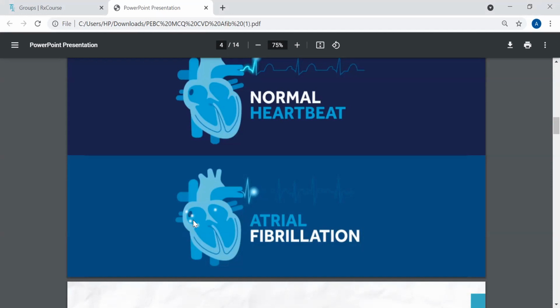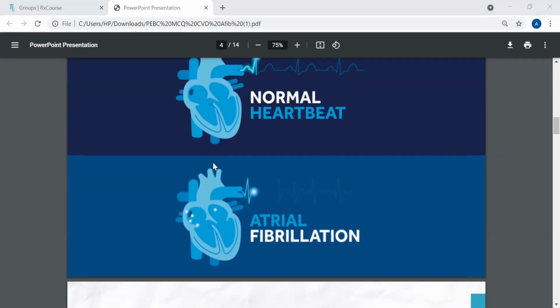In atrial fibrillation, the signal from the SA node to the AV node will be delayed, or will be very long. So there will be too many signals before the AV node, so it will be irregular heartbeats.